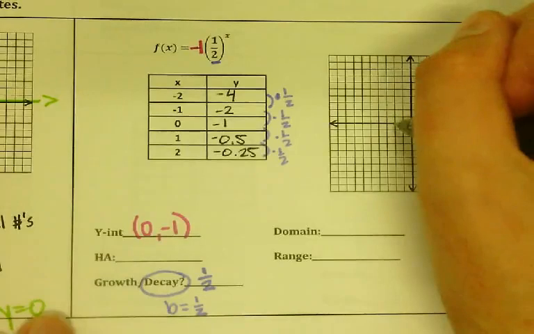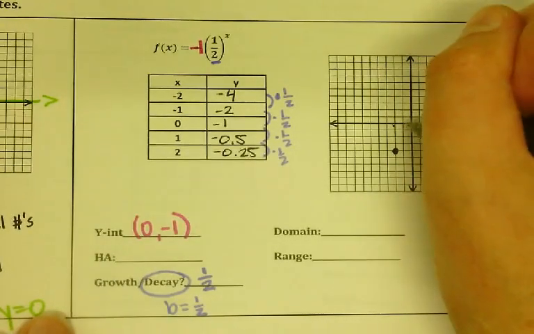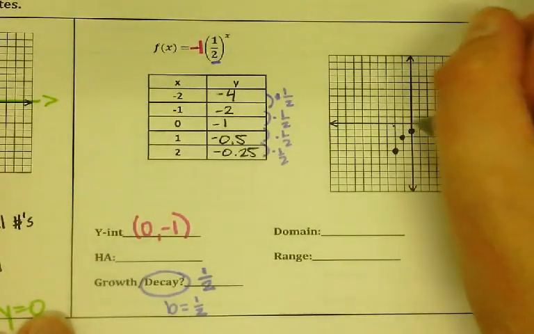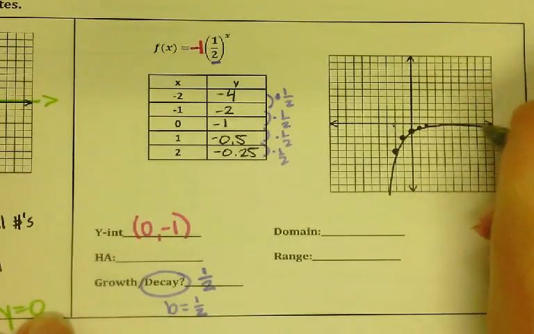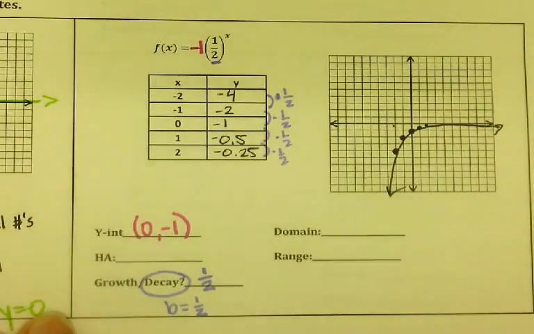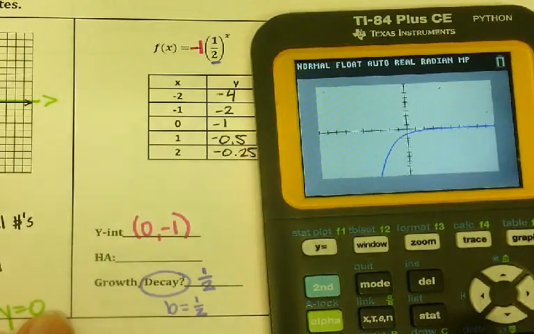So that's negative 2, negative 4, negative 1, negative 2, 0, negative 1, and then 1, negative 0.5 and 2, negative 0.25. All right. And so you'll notice my curve will look like this here. All right. So I've graphed it. It looks pretty similar to the one that's there. That looks pretty okay. Yeah, they look pretty good.